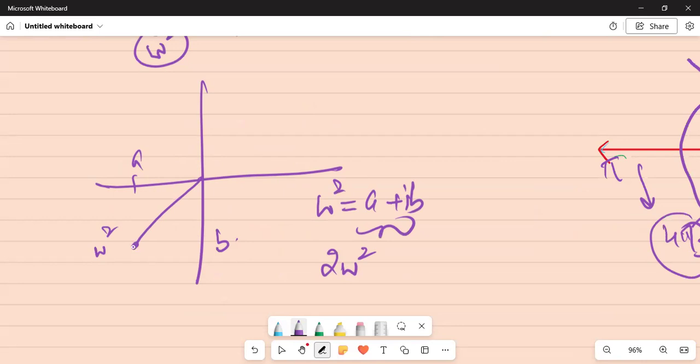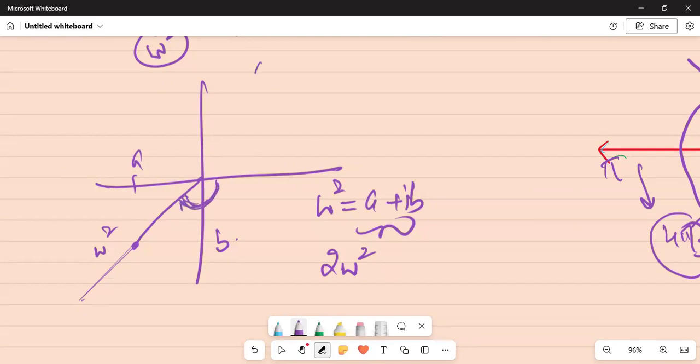So it is just going to increase the magnitude, but the argument remains the same. The angle remains the same.